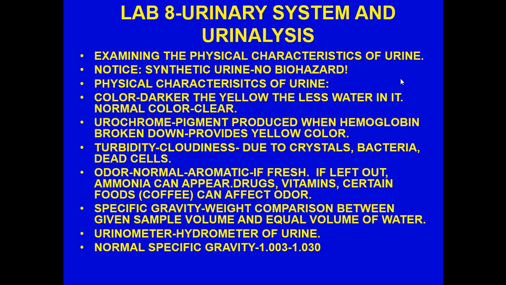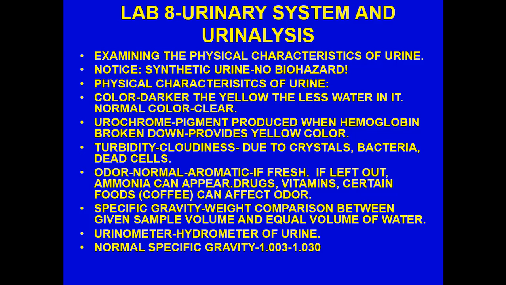Specific gravity. This is the weight comparison between a given sample volume and an equal volume of water. The idea being that with a urinometer, which is basically a hydrometer for urine, the normal specific gravity is 1.003 to 1.030. Okay?